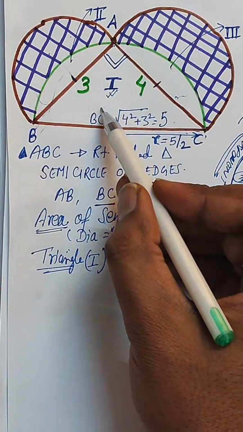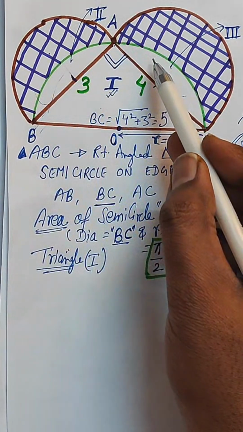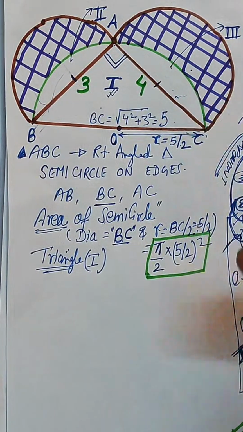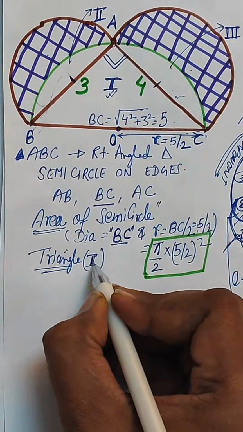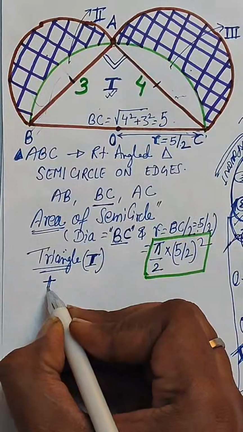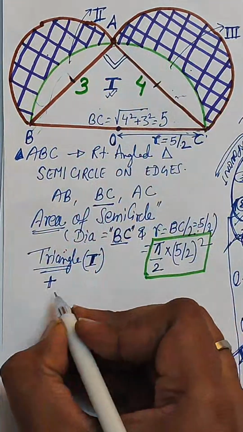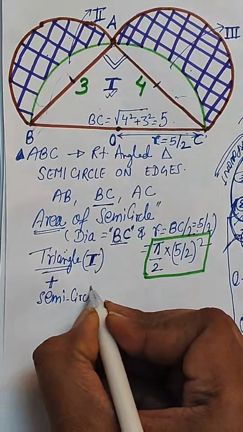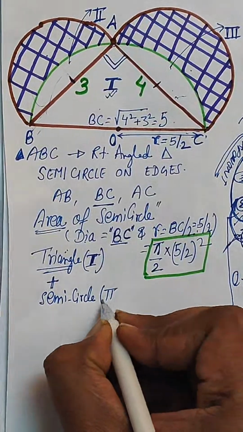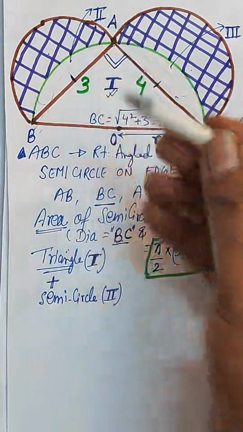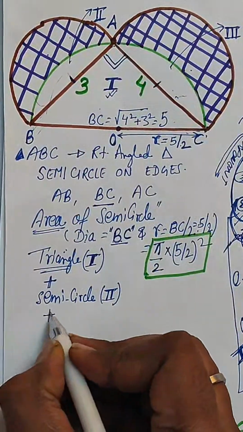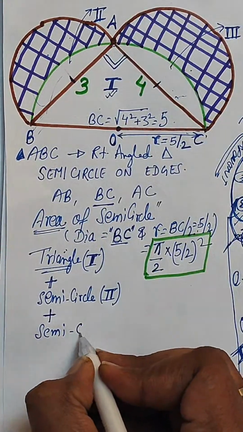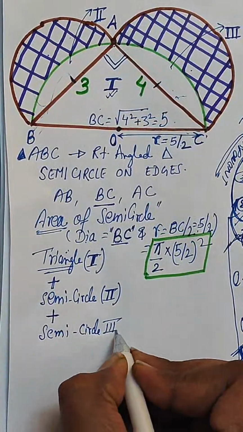If you add the area of this triangle plus the area of the semicircle, I am saying the semicircle with the shaded area and with this white area entire, then triangle area, that is area of triangle plus semicircular area, that is area of region 2, this is region 2 I am saying, plus semicircle area of region 3, right?